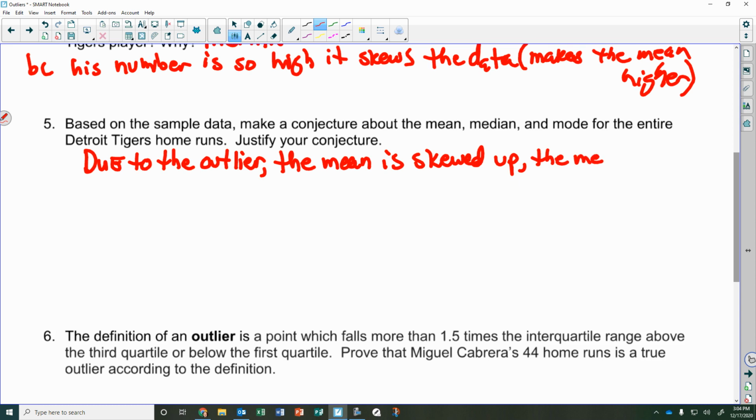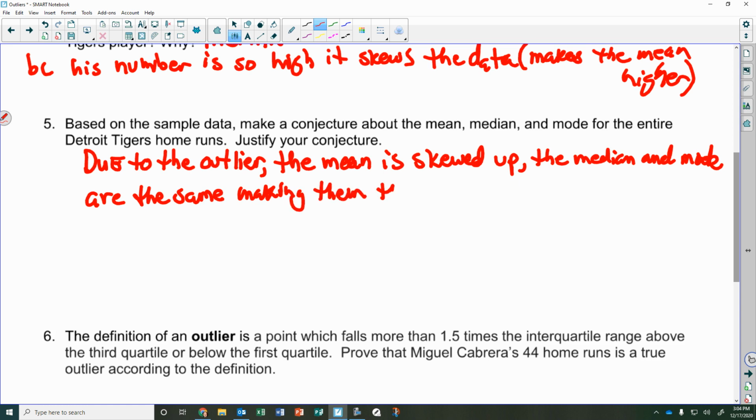The median and mode are the same. Remember, they never changed from 11. Making them the more accurate measure of central tendency.